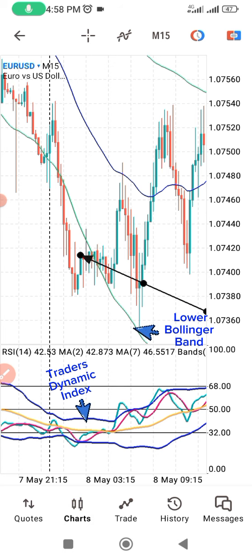And as well, the TDI and the TDI price line. Pay attention to the price line of the TDI, which is the green price line. And then pay attention to the lower Bollinger Band of the TDI, which is the blue line that you are seeing here.